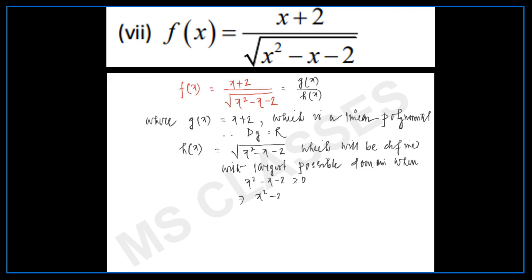So x² − 2x + x − 2 ≥ 0. So here x(x − 2) + 1(x − 2) ≥ 0.